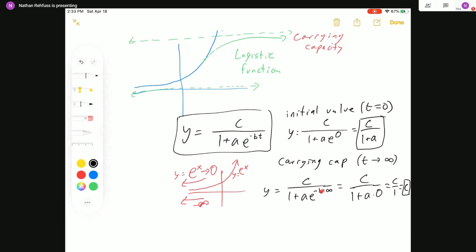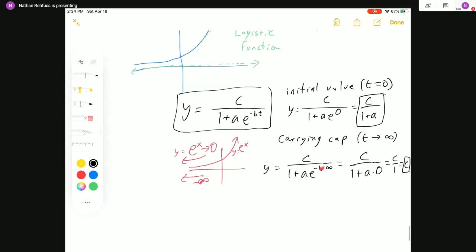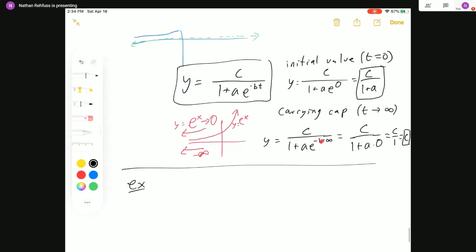Let's take a look at a somewhat more reasonable model for the population of California. I could model the population as 95.2 over 1 plus 1.8 e to the power of negative 0.018 t.